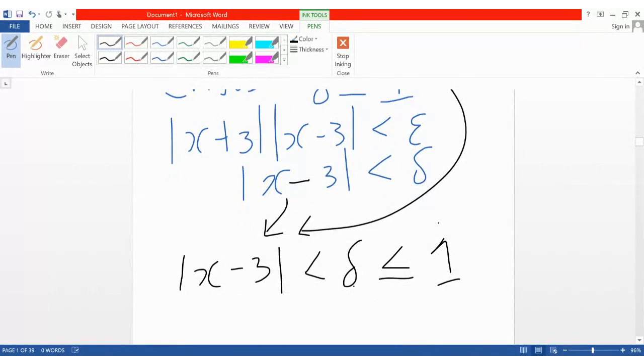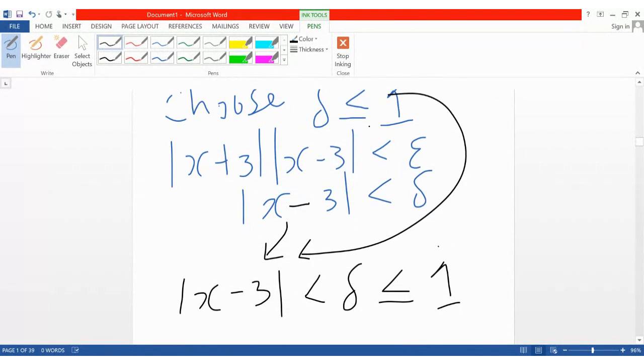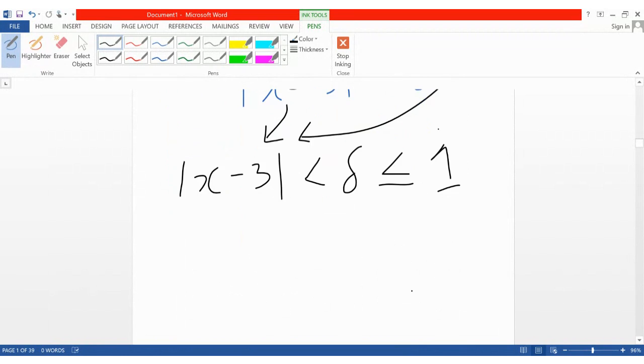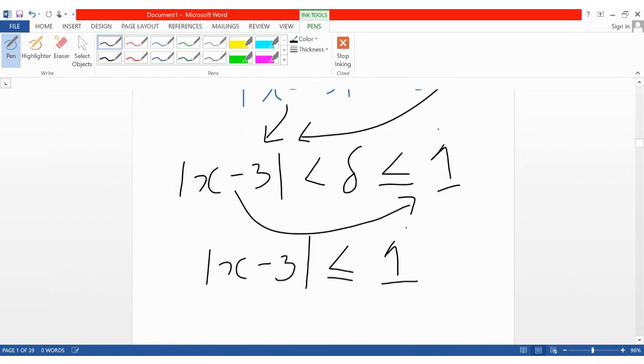So this can only signify one thing, that x minus 3 has to be less than or equal to 1. Don't worry, I will solve this one.